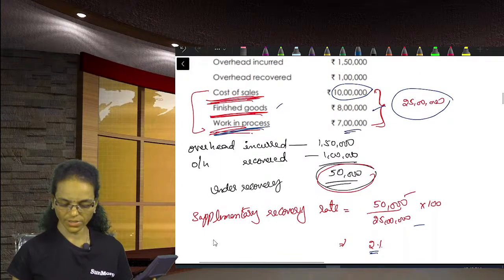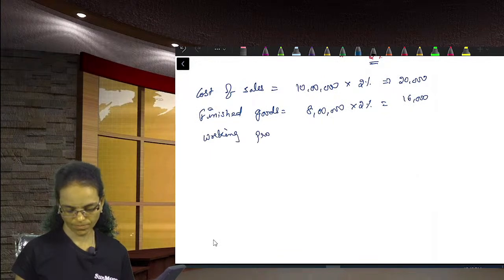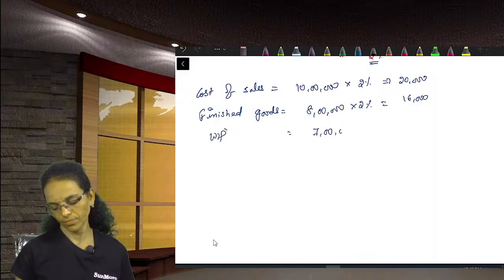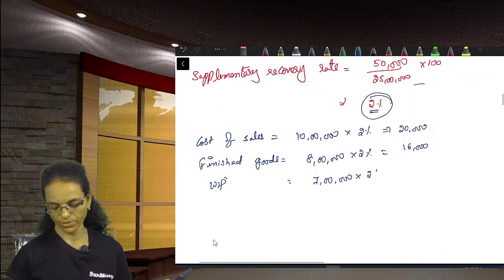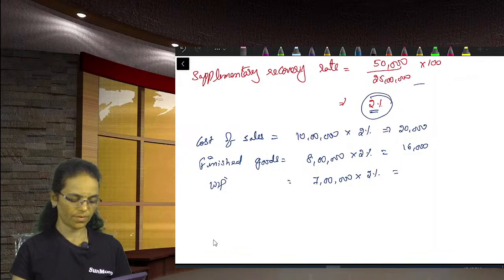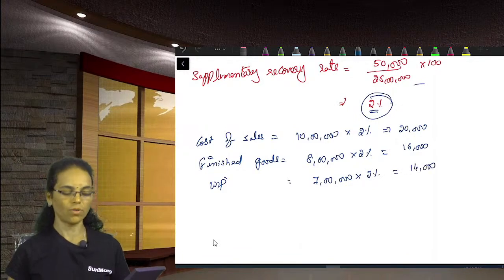Work in progress, 7 lakhs into the supplementary recovery rate of 2% is 14,000.